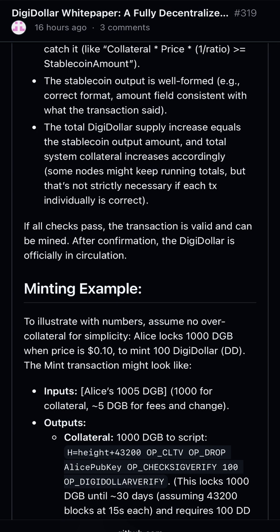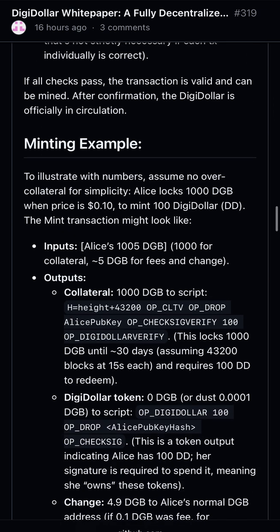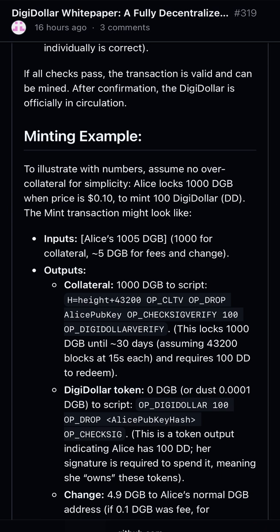The total DigiDollar supply increase equals the stablecoin output amount, and total system collateral increases accordingly. Some nodes might keep running totals, but that's not strictly necessary if each TX individually is correct. If all checks pass, the transaction is valid and can be mined. After confirmation, the DigiDollar is officially in circulation.